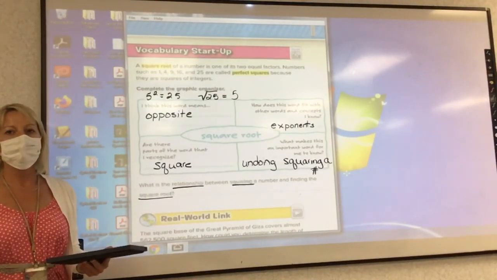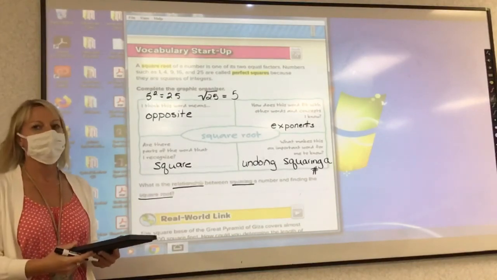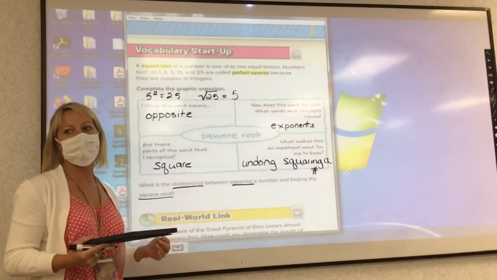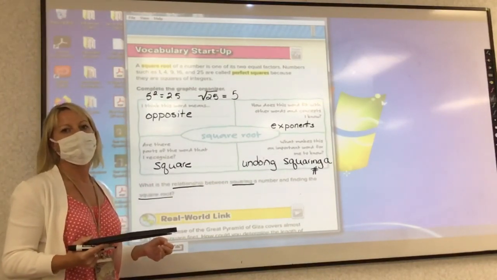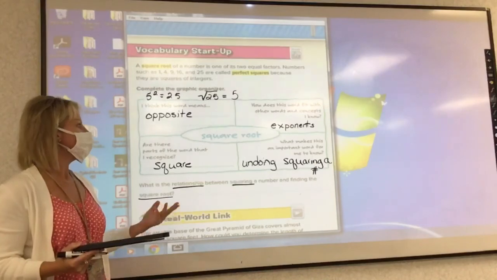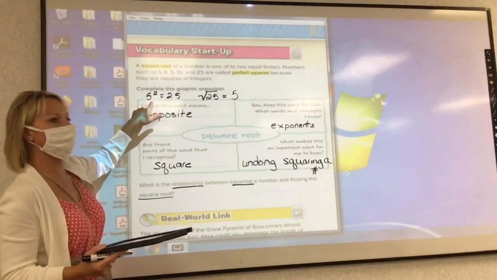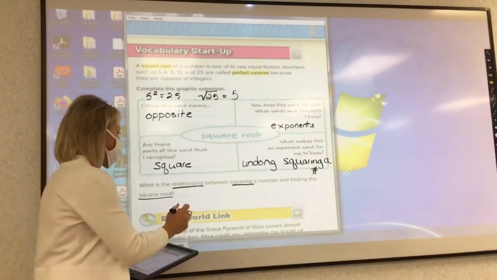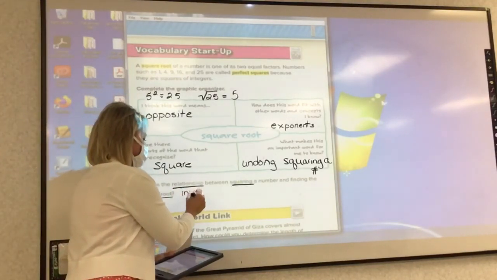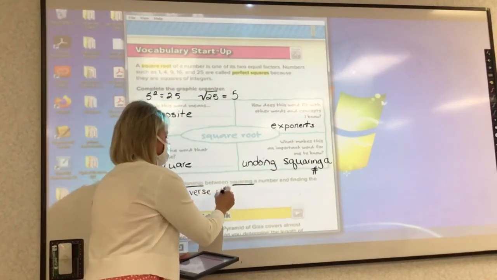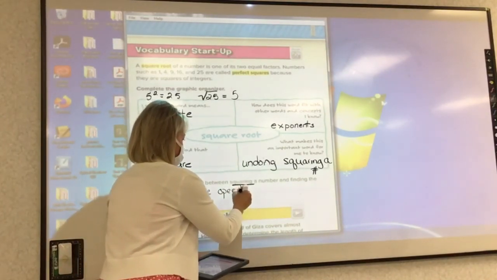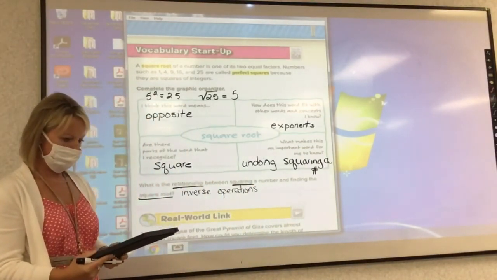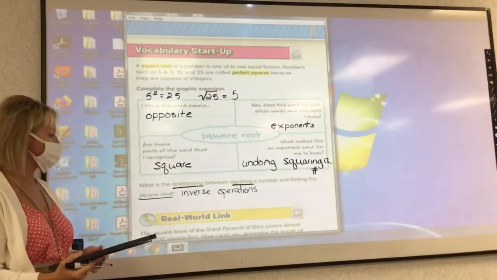Squaring a number is multiplying it by itself, and then the square root is finding the perfect square. But the relationship between squaring a number and the square root, we're going to use the mathematical term. It's the inverse operations. Inverse operations.